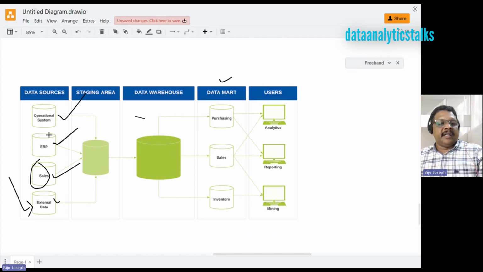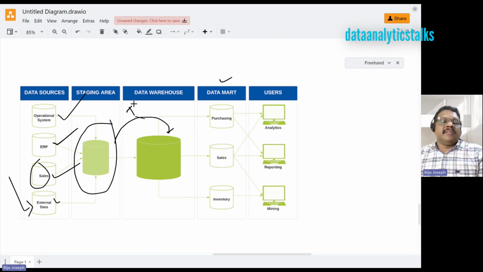Everything can come under the data sources. So when we have put it together in a staging layer, as it is, then from there it has to be transferred into the data warehouse with a lot of transformation. Maybe the whole modeling may be different in this kind of scenario.